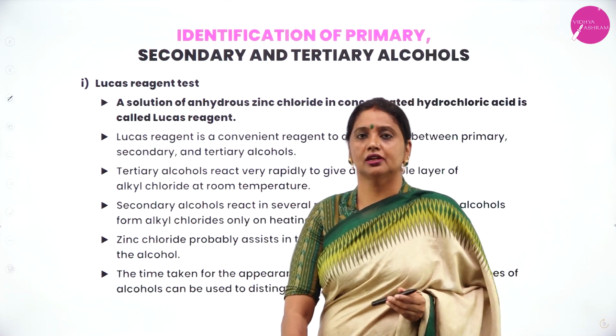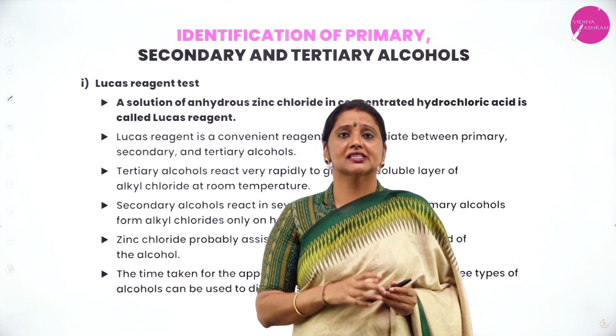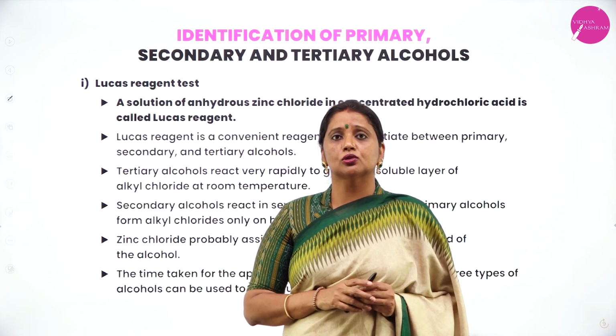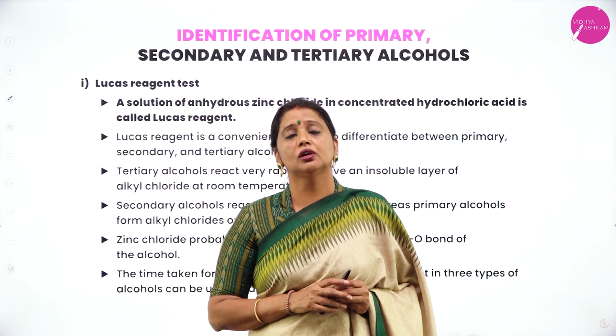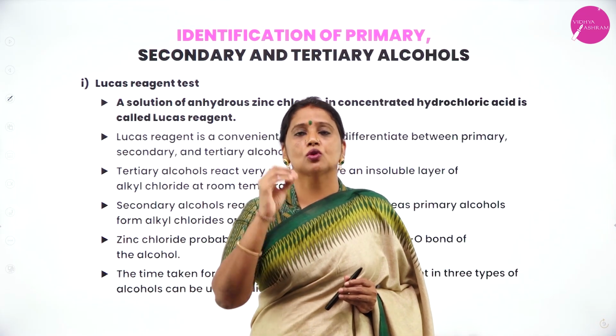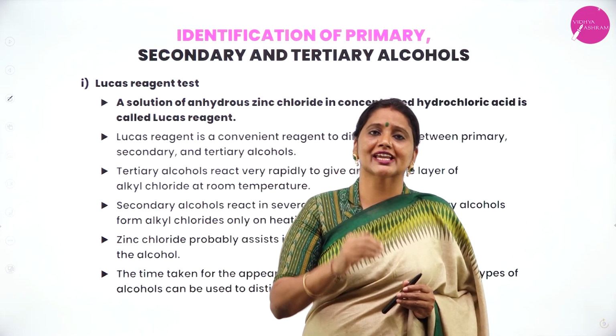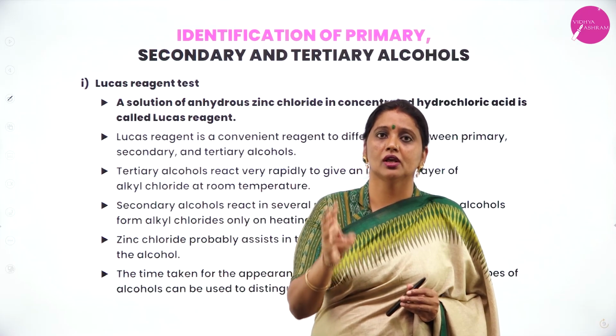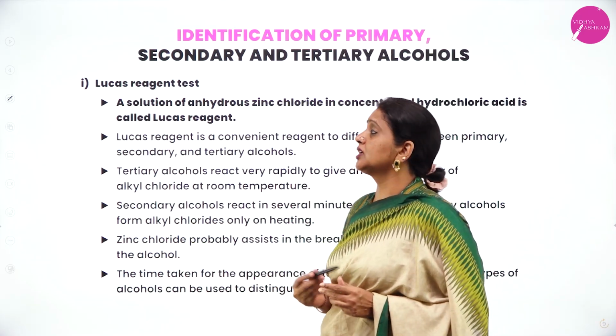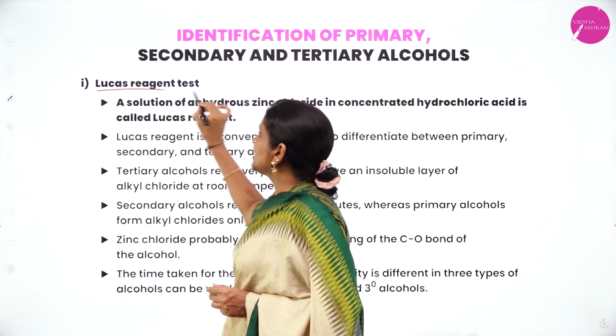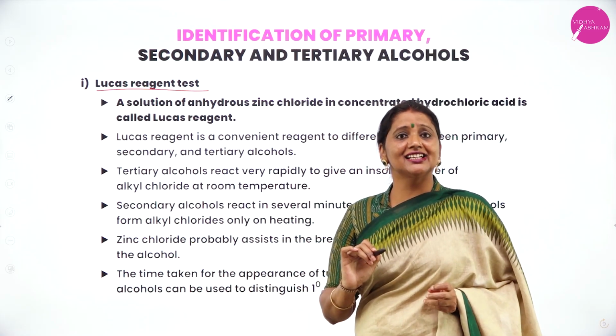Now, we have already discussed that under monohydric alcohol, we have 3 types of alcohol: primary alcohol, secondary alcohol, tertiary alcohol. How do you distinguish between them? These three are distinguished using Lucas reagent, and the test is called the Lucas reagent test.